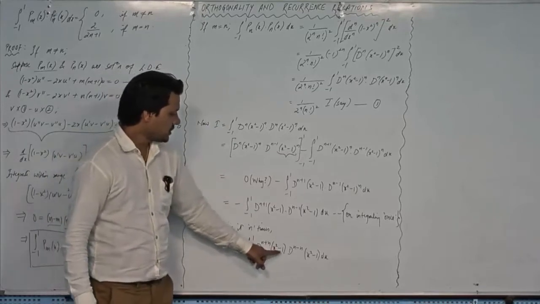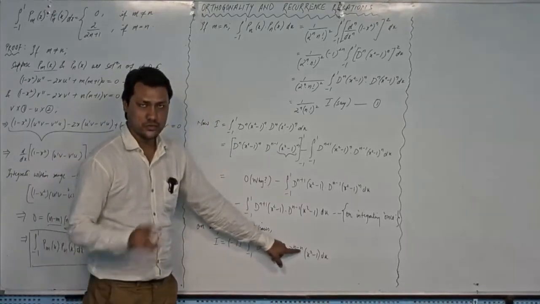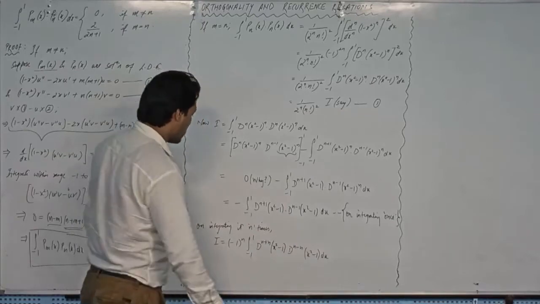Now this will become d^2n (x square minus 1)^n, and this will become d to the power 0, meaning do not differentiate, you will just write x square minus 1.